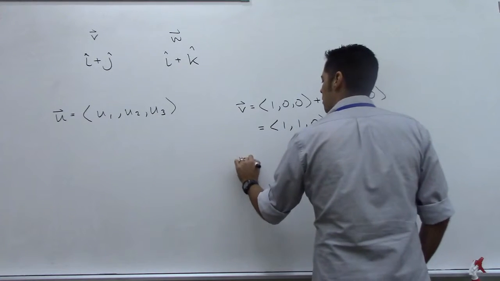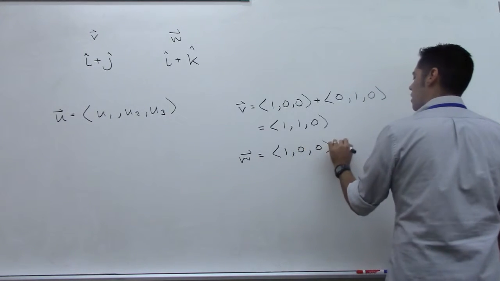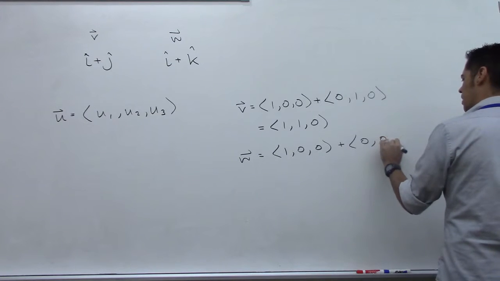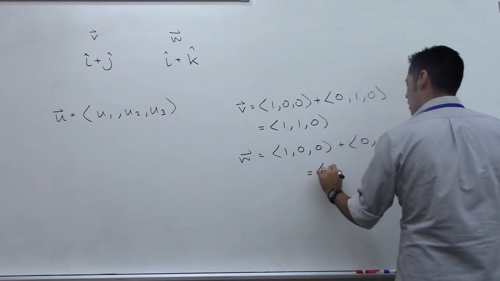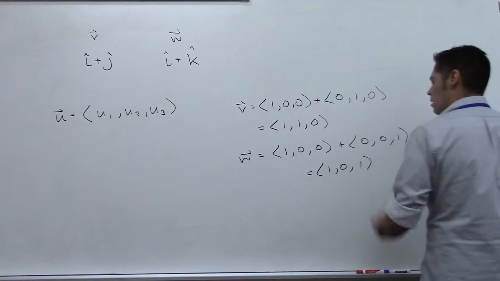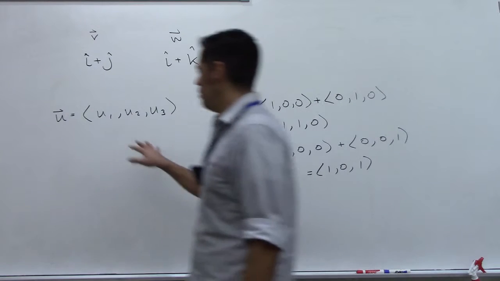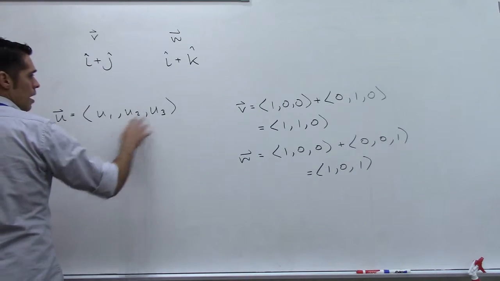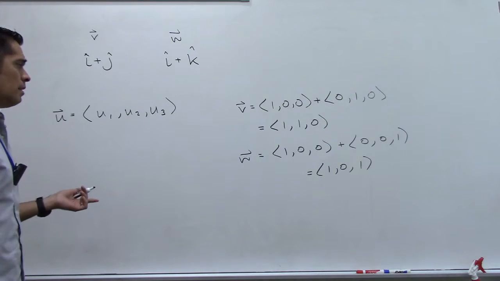And then w is i hat plus k hat, which is just the vector 1, 0, 1. So I'm trying to figure out if I can find a vector called u that is a unit vector that is orthogonal to both of those. So let me start with the orthogonality.